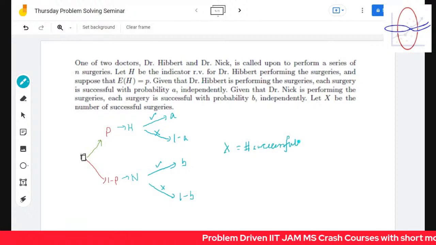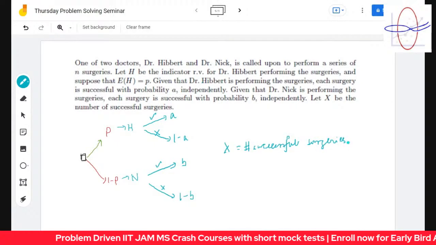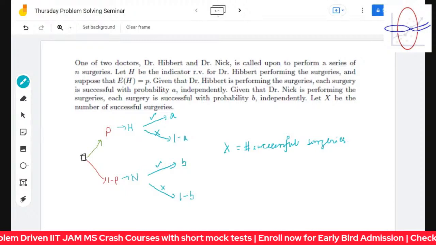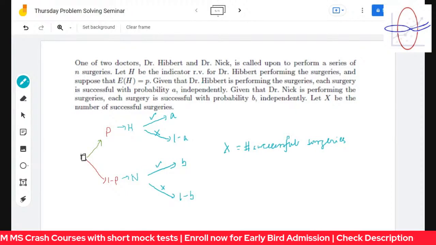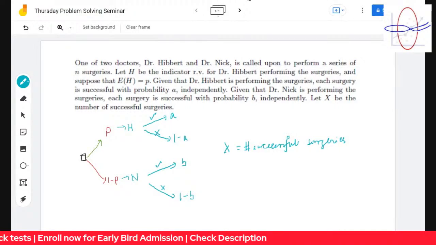Okay, so let's try to model using H, using P, A, and B. So X is the number of successful surgeries.